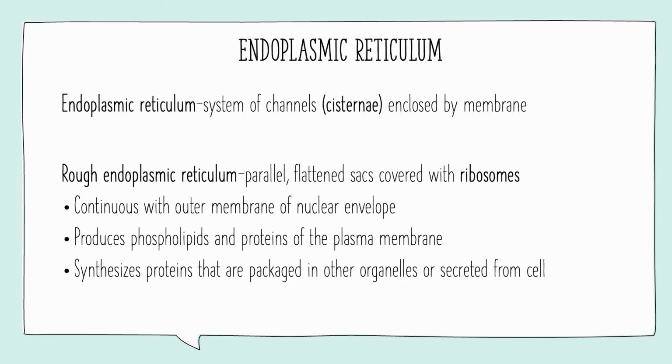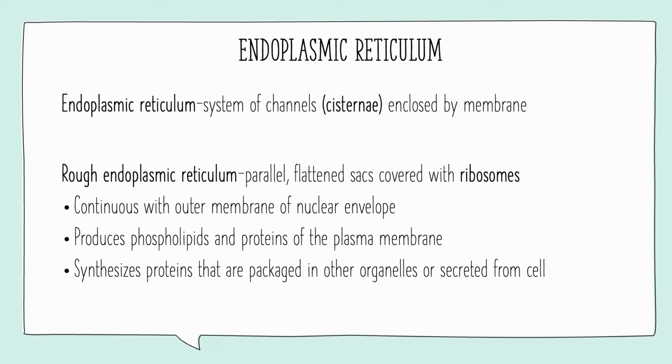Endoplasmic reticulum is a system of channels called cisternae enclosed by a membrane. This is the smooth endoplasmic reticulum. Then you have the rough endoplasmic reticulum. Remember I said the smooth endoplasmic reticulum does not have ribosomes on it.